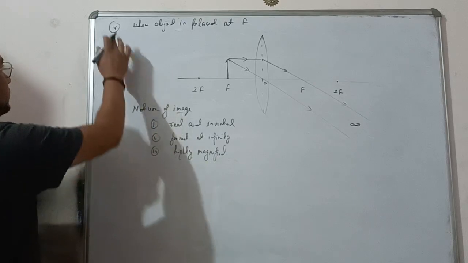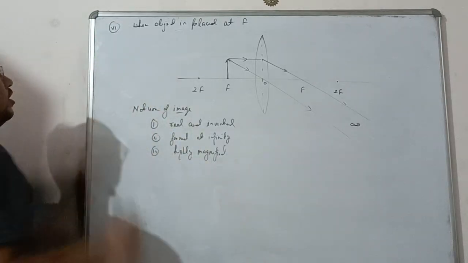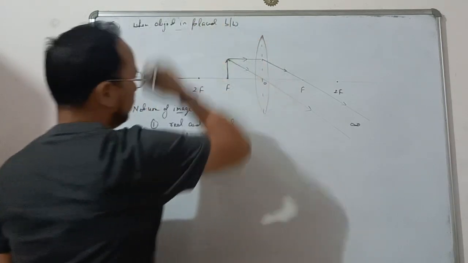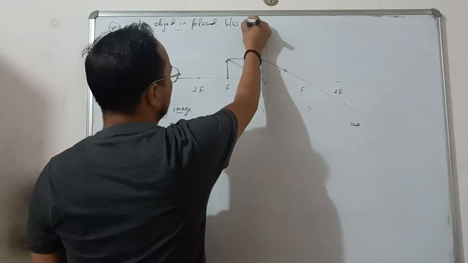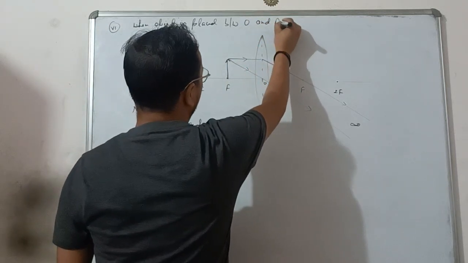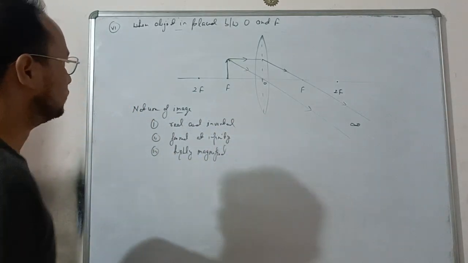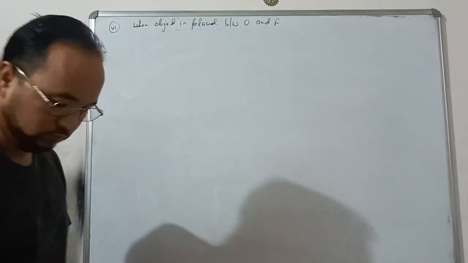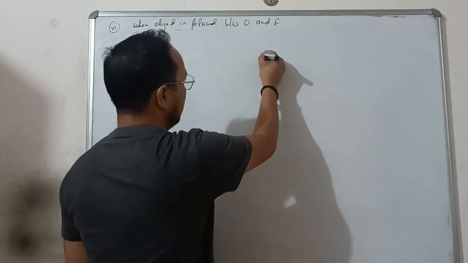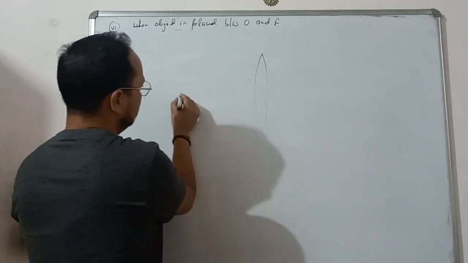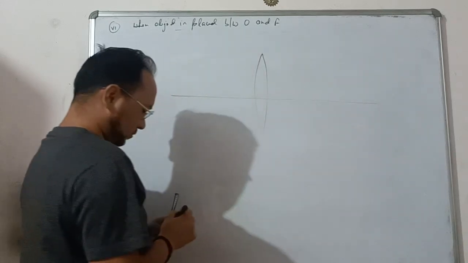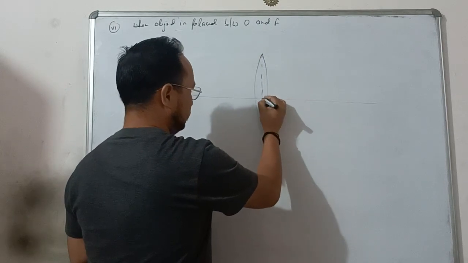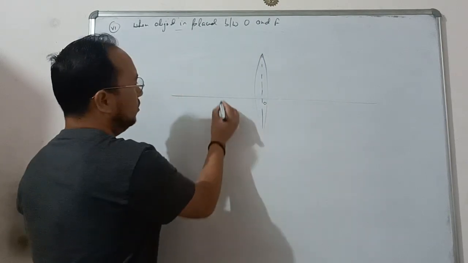Now the last one is when object is placed between optical center and focus, O and F. Convex lens, optical center, focus.